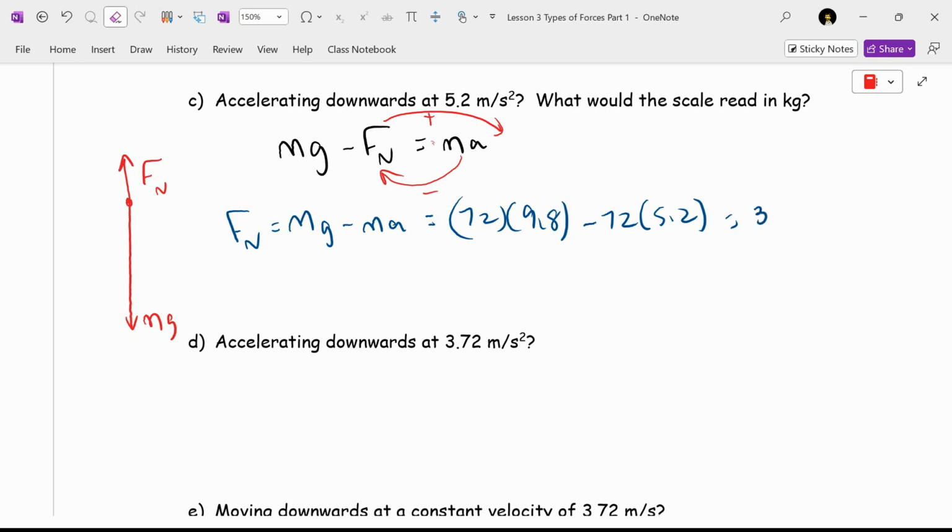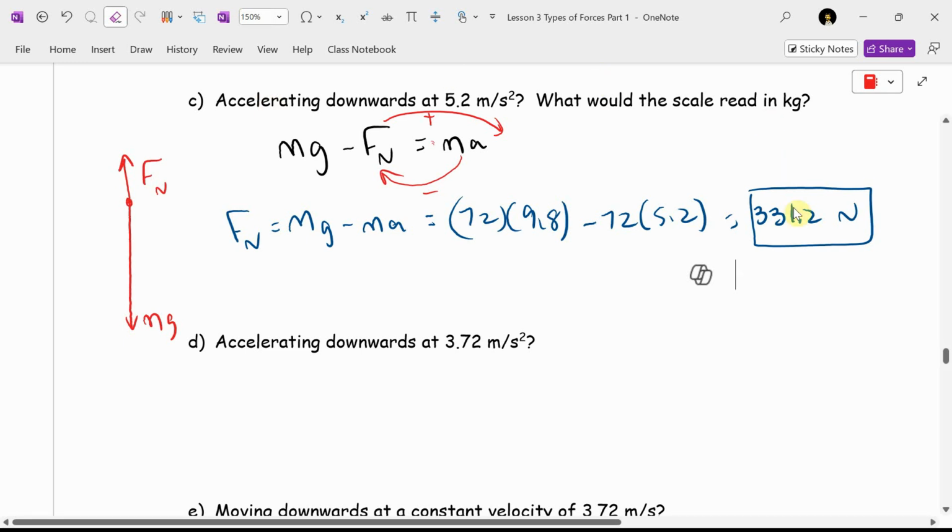331.2 newtons. On a test, if this was multiple choice, I'd probably just go to 3 sig figs as your answer, but we'll keep it all in there. Because there's a second part. It says, what would the scale read in kilograms? How do I convert newtons to kilograms? Tristan, what will I divide by to convert newtons to kilograms?